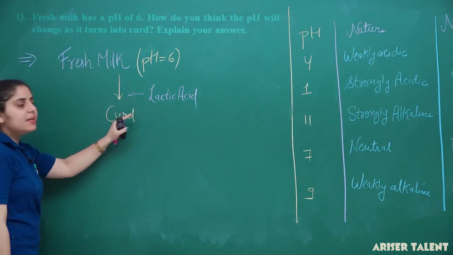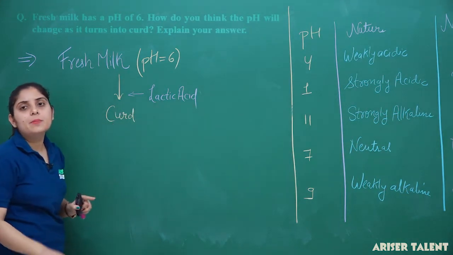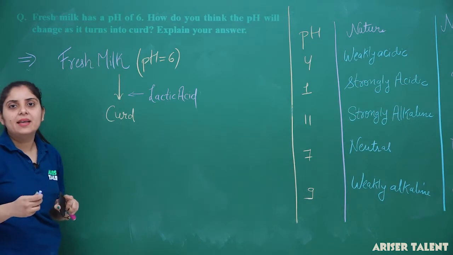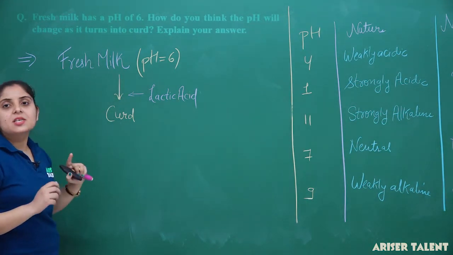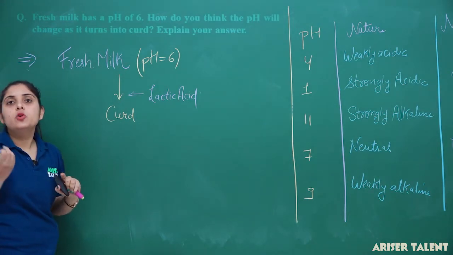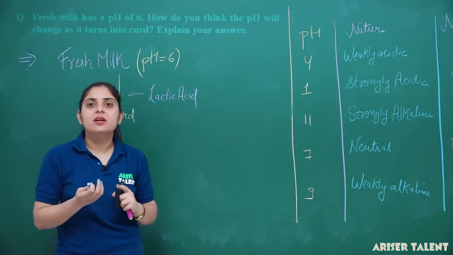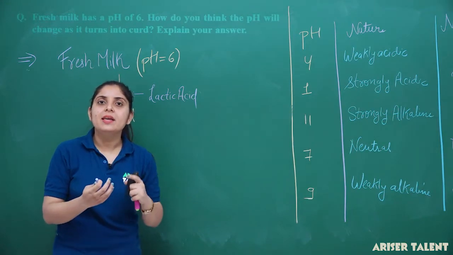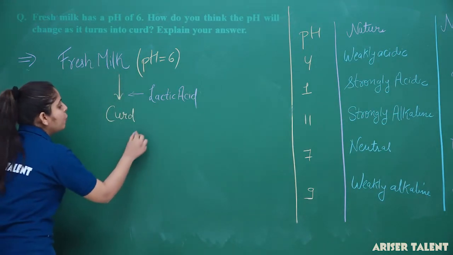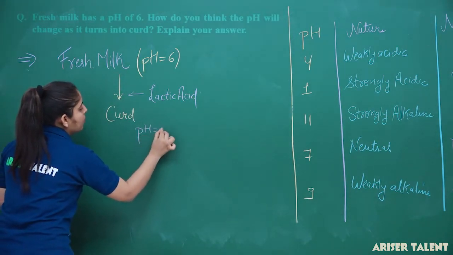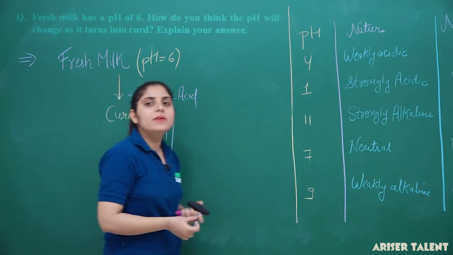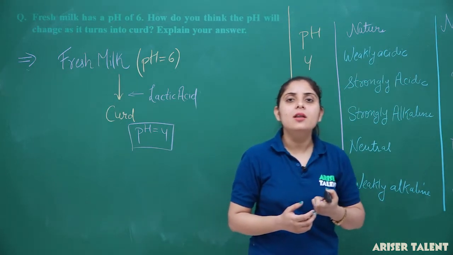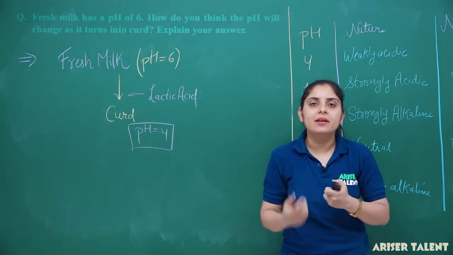This lactic acid, when it turns into curd in the presence of some sort of bacteria, that is lactobacillus bacteria. Now, the pH is 6. So, on the formation of the curd, the solution changes and its pH will come out to be 4. So, on adding the lactic acid, or on the formation of the curd, the pH value will change automatically.